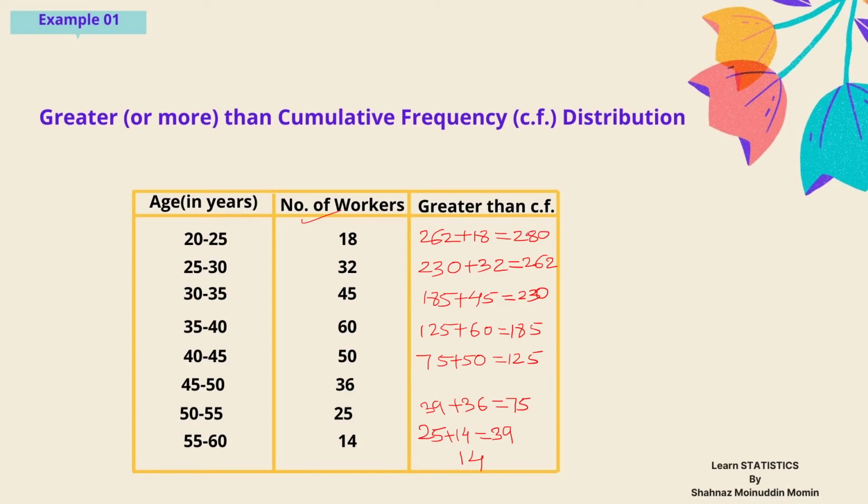Here the data of 280 workers are given. This is the greater than cumulative frequency of the given data, and the ages in years along with the greater than CF is called the greater or more than cumulative frequency distribution.